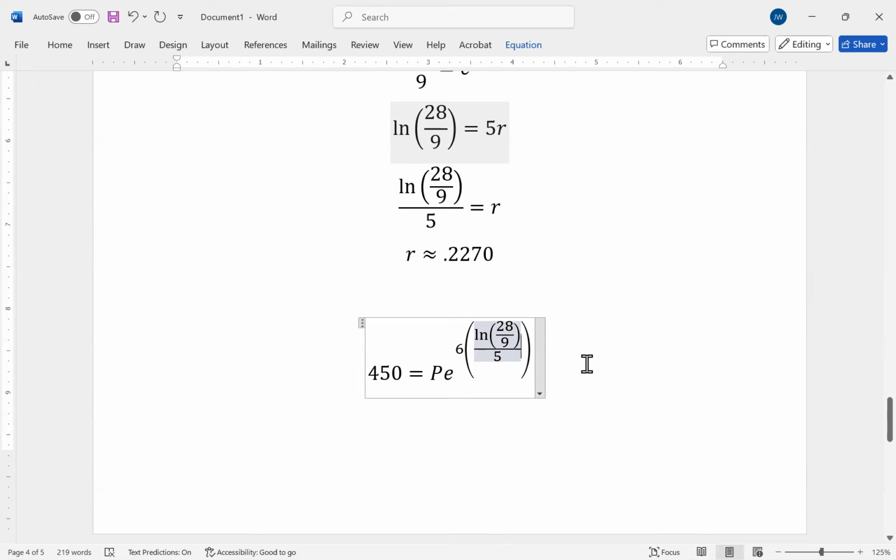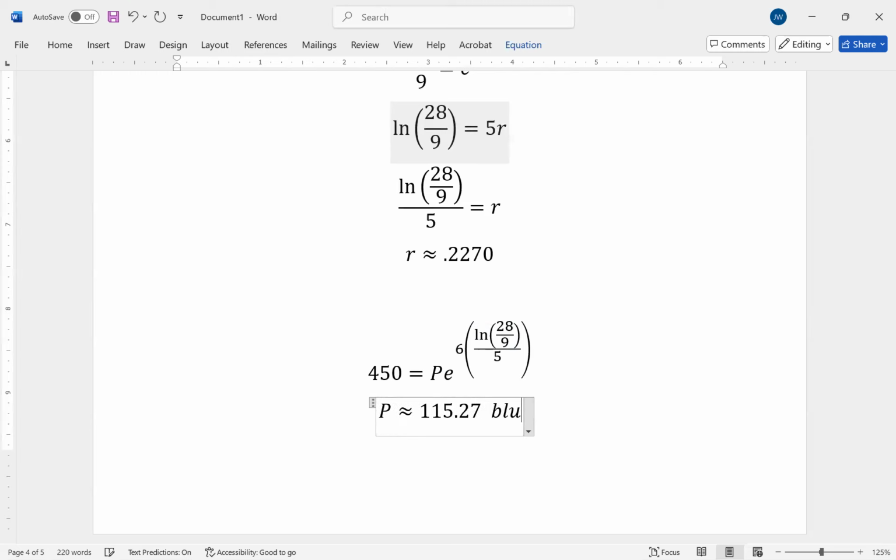I am going to type this into my calculator as 450 divided by e to that power, 6 times natural log of 28 over 9 divided by 5. I ended up getting a P value which is approximately 115.27.